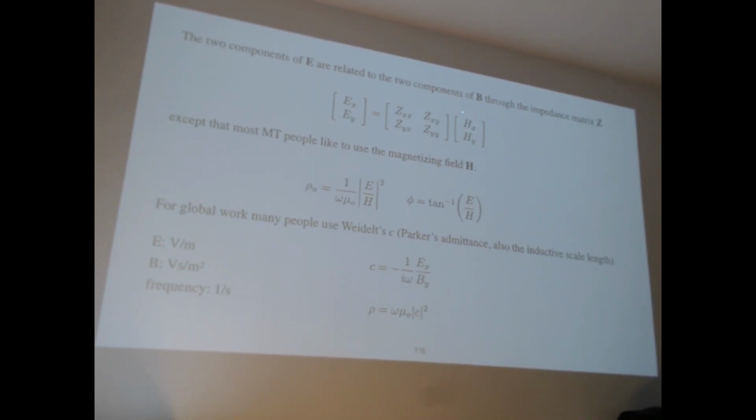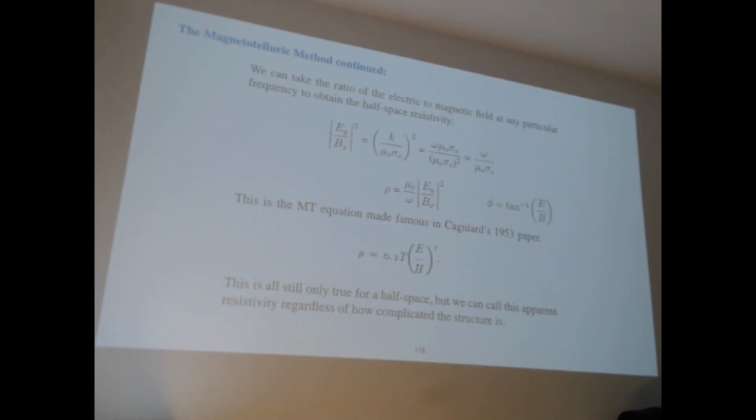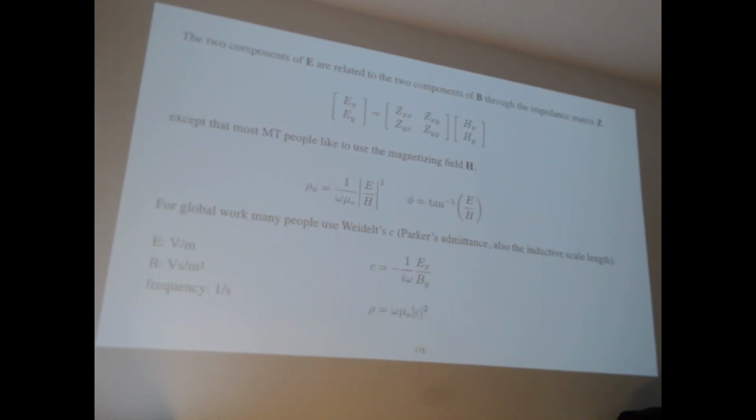So the two components of the magnetic field are related to the two components of the electric field through this 2x2 complex matrix called the impedance matrix. Now, I like the magnetic field because it's what I measure. It's measured in nanoteslas, it's what I measure in the field. Unfortunately, the people who made this equation up like the magnetizing field, and there's nothing I can do about it.